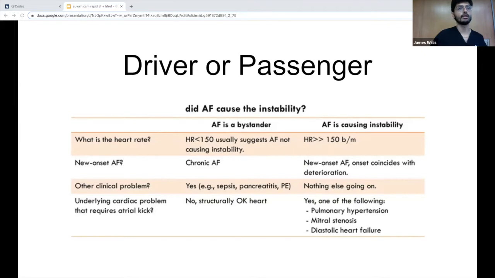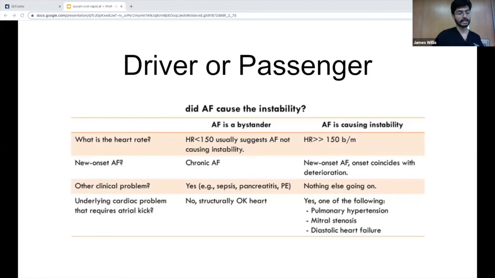And so you should look for other underlying causes and address those as they come forward. The one caveat is, if your patient has rapid AFib, the heart rate's greater than 200 and they're wide and irregular, that's WPW most likely. And so you address that in a different way. But typically the heart rate can give you a little bit of a clue, and also their past medical history.